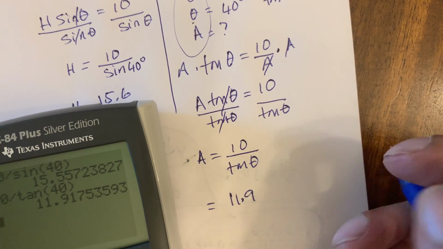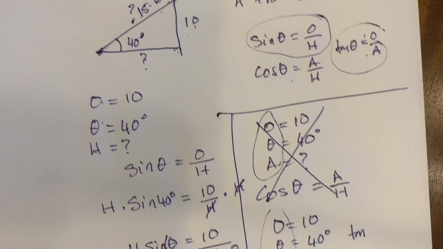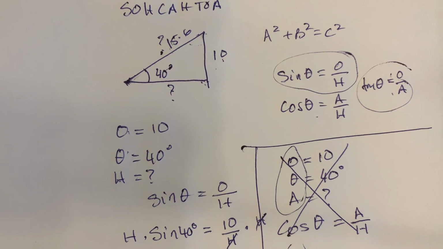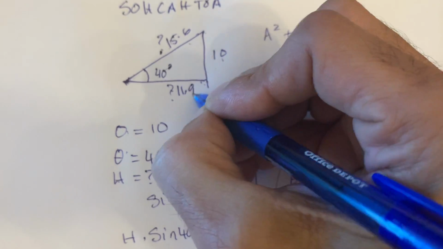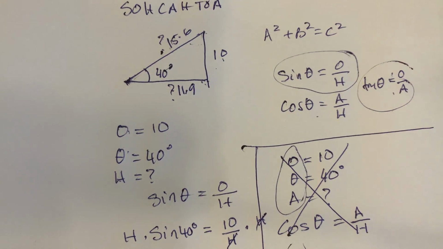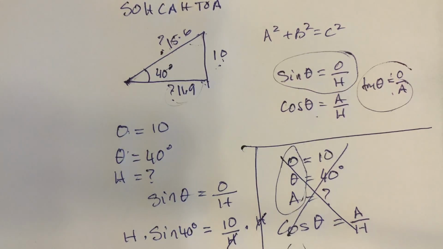And so again, if we were talking about meters, you'd be putting in meters there. If I said it was centimeters, you'd put centimeters there. If it was inches, you'd put inches, and so forth. And so there we go. You can see that this turns out to be 10, that's 11.9, and that's 15.6.